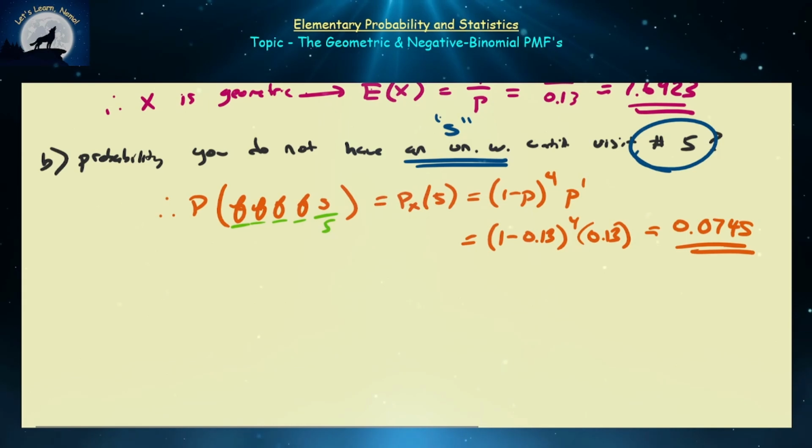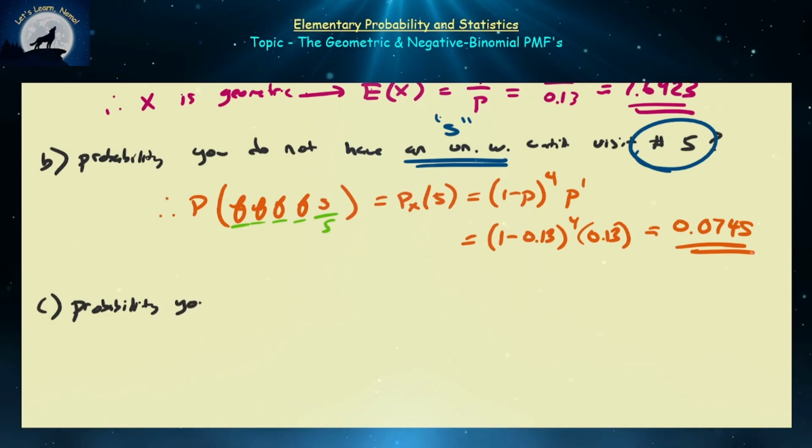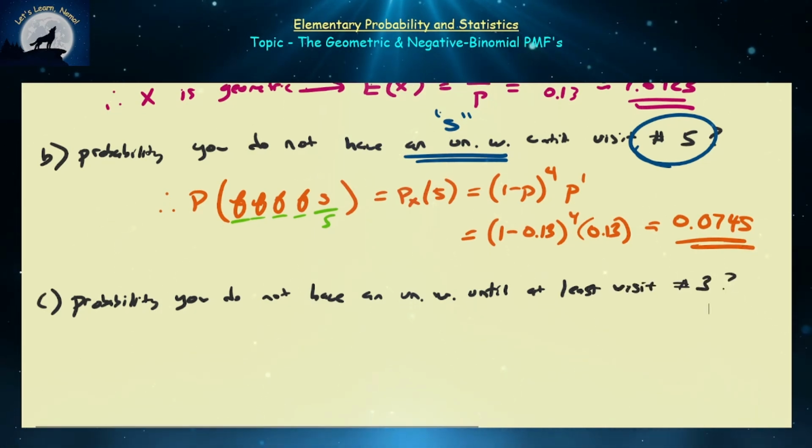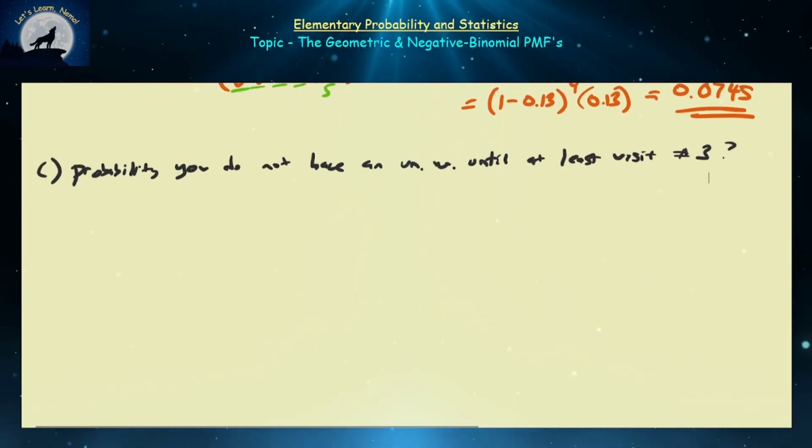Let's do one other example that you could encounter. What is the probability you do not have an unproductive workout until at least visit number 3? So we want the probability of at least 3 for x.